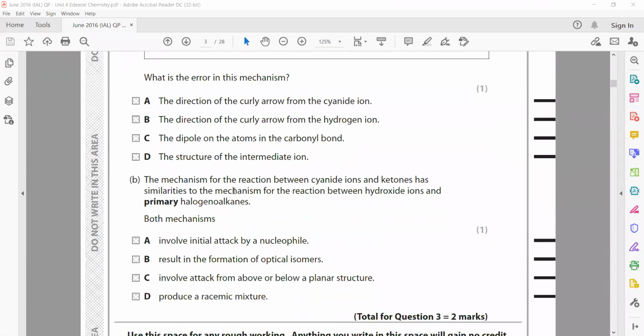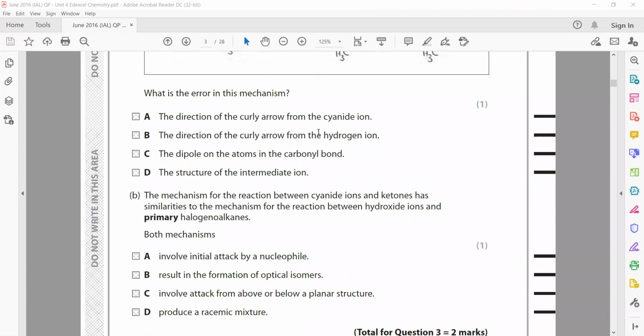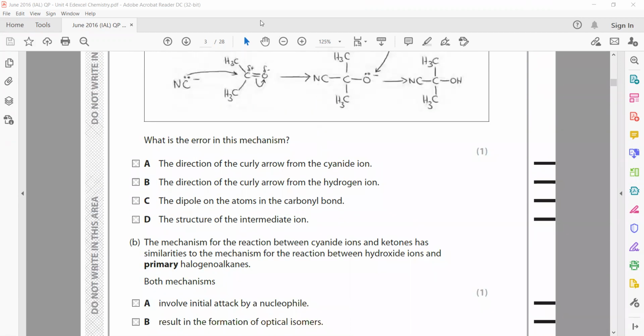The second part: the mechanism for this reaction between cyanide ions and ketone has similarity to the mechanism of reaction between hydroxide ion and primary halogenoalkane. If we have a primary halogenoalkane and OH group attacks on it, this is partial positive and negative.